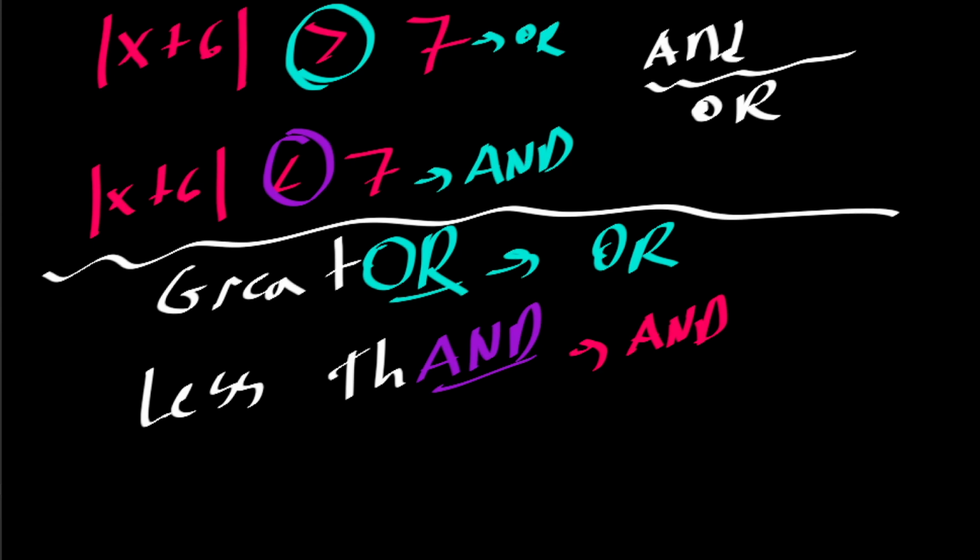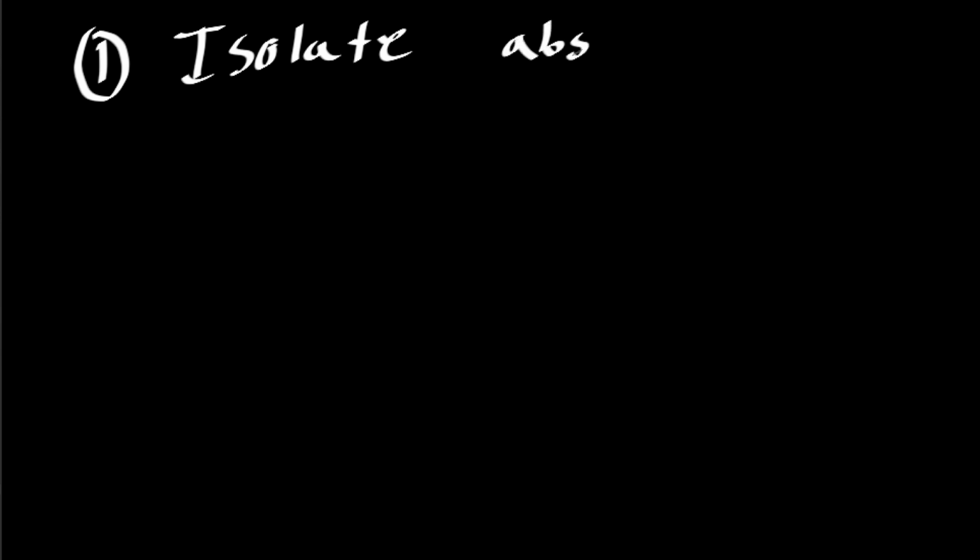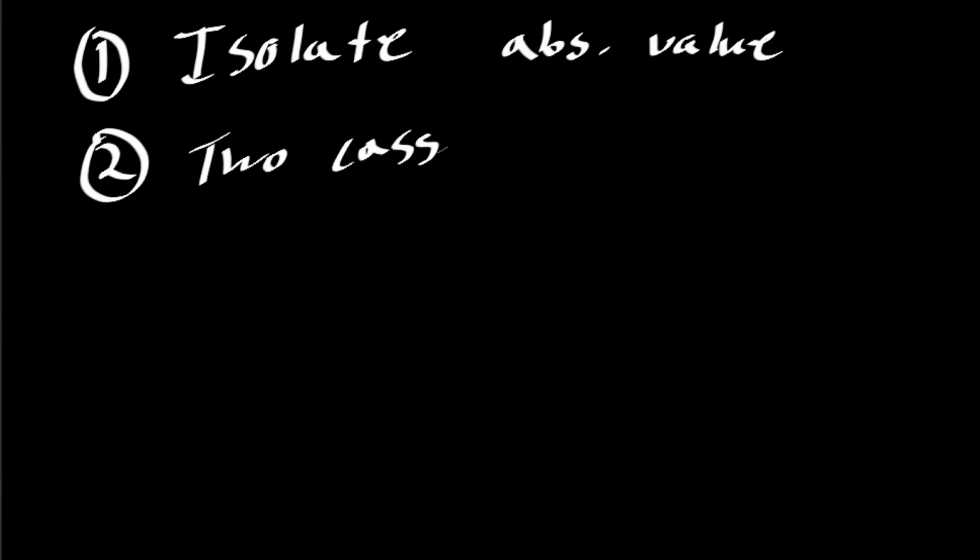Now, let's go over one more thing, and then we'll be ready to do some examples. Here are the steps to solving an absolute value inequality. The first thing you have to do is isolate the absolute value expression. Then you're going to make your two cases, and I'll show you how to do that.